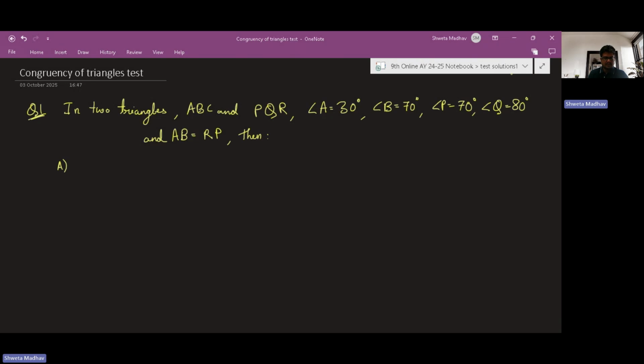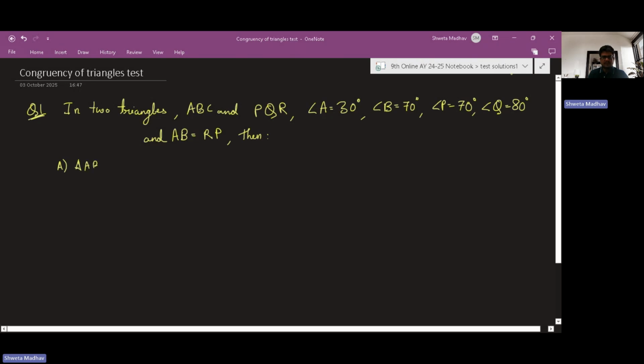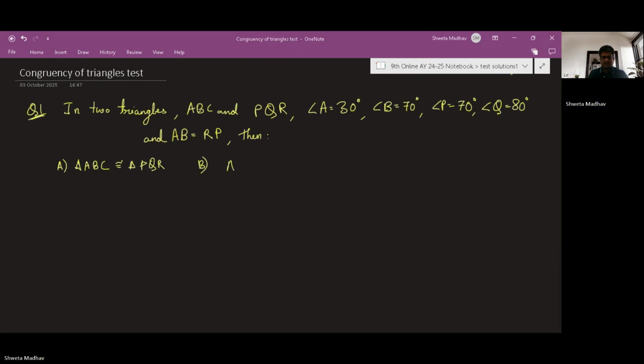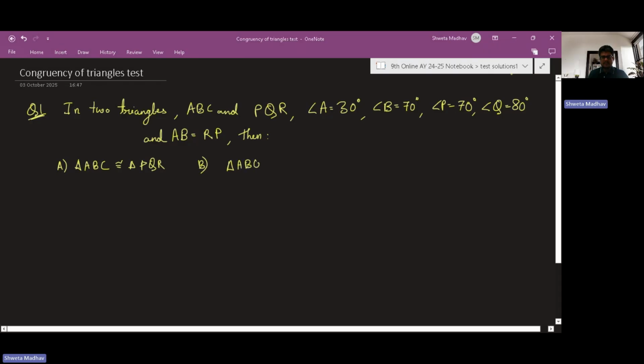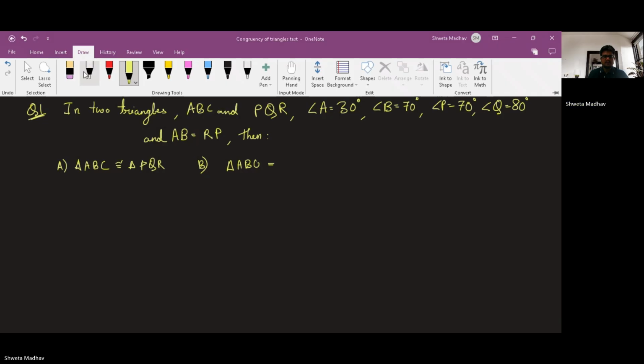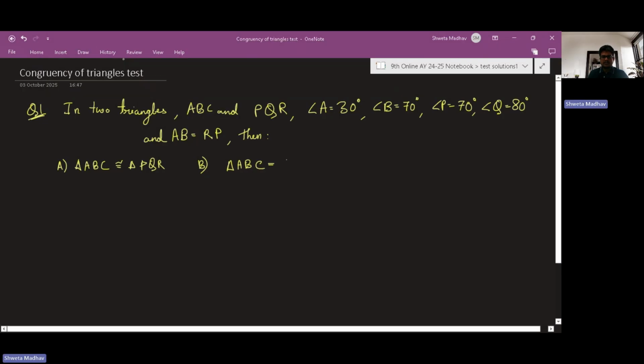The first option is triangle ABC is congruent to triangle PQR. Option B is triangle ABC is congruent to triangle QRP.